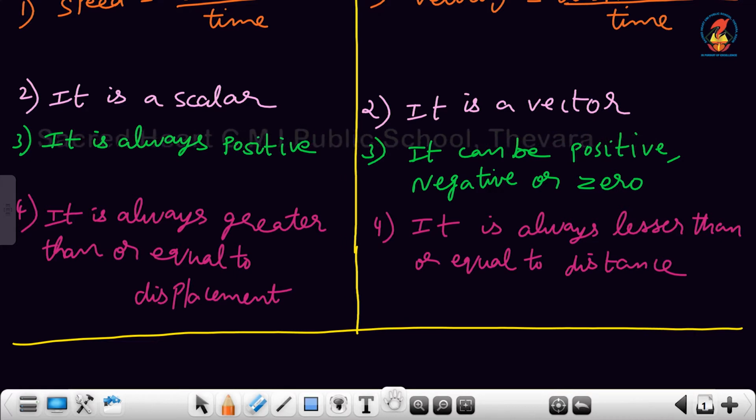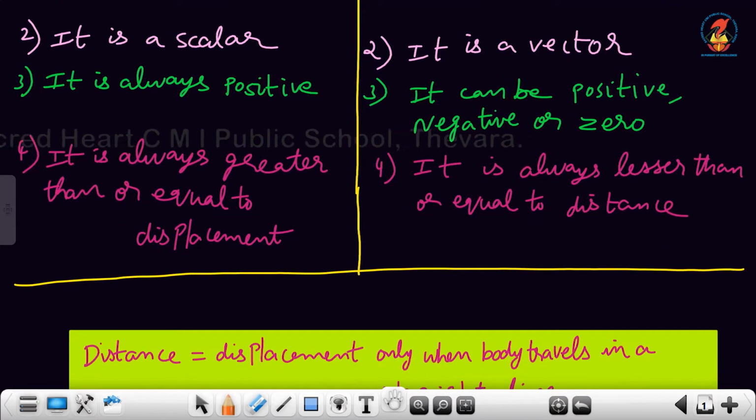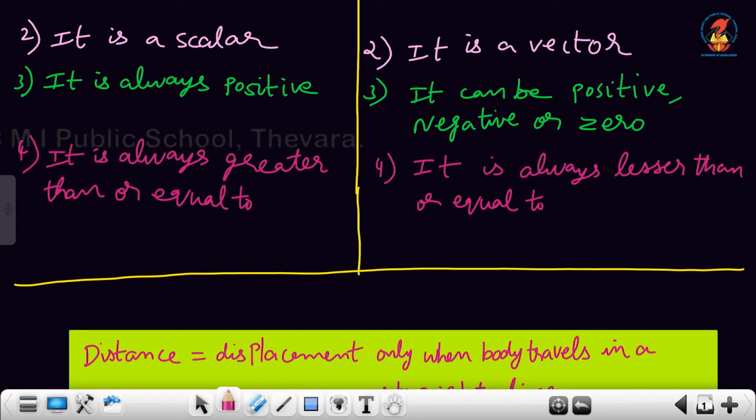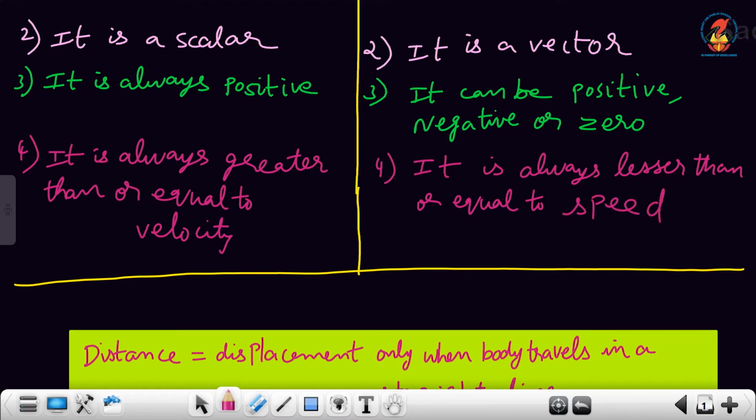And the next point, speed is always greater than or equal to velocity, whereas velocity is always lesser than or equal to speed. And in which condition are speed and velocity equal?